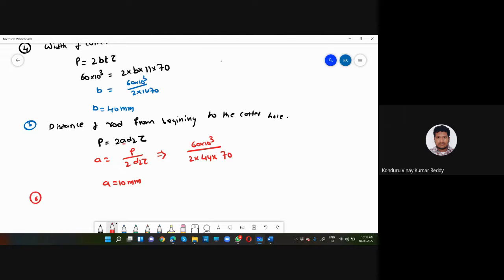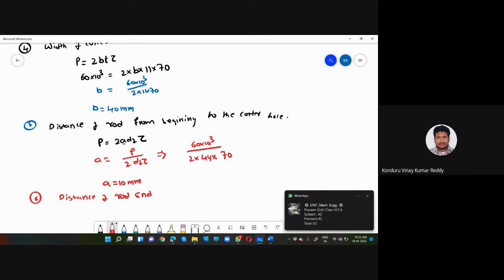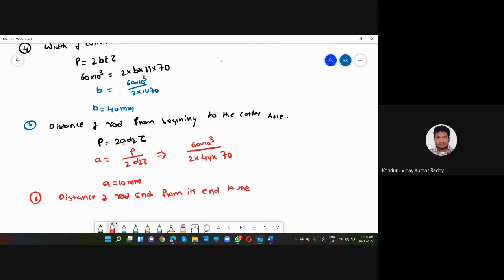Similarly, the sixth one is the distance of the rod end from its end to the cotter hole, that is the C value. P is equal to 2 into D1 minus D2 C into shear stress.